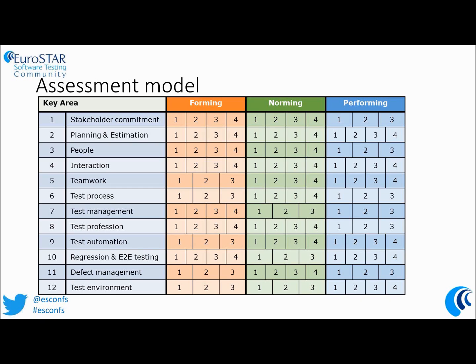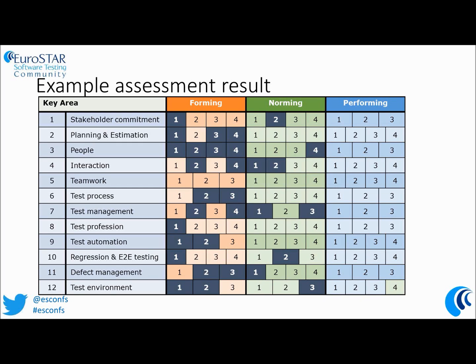As far as I know, they're not in the other test improvement models. Regression and end-to-end testing is a separate key area here, but usually it's hidden within another key area. So some areas have become more important, some are the same, and some are new. So it's been adapted.